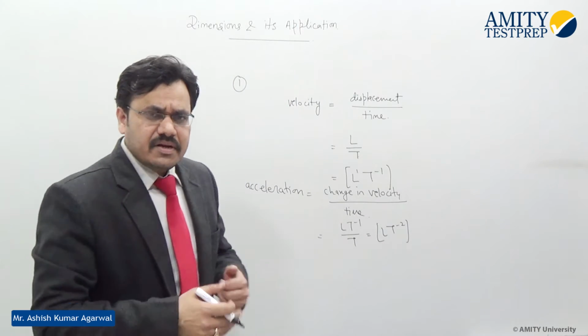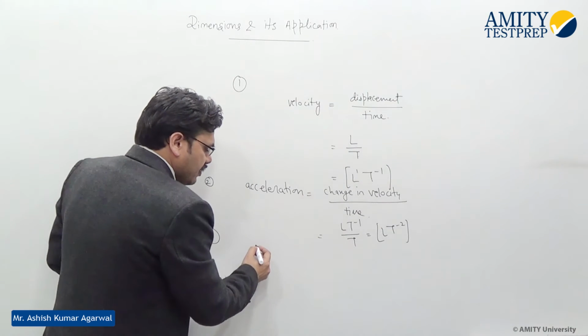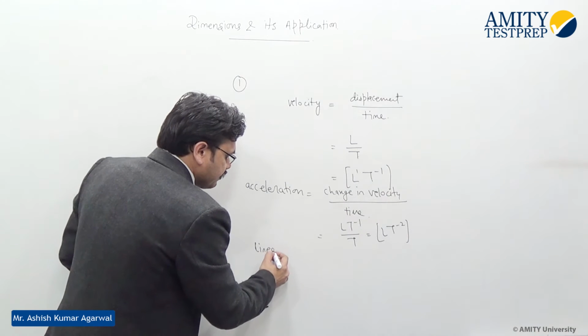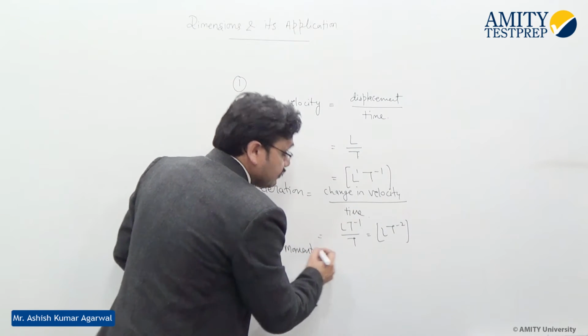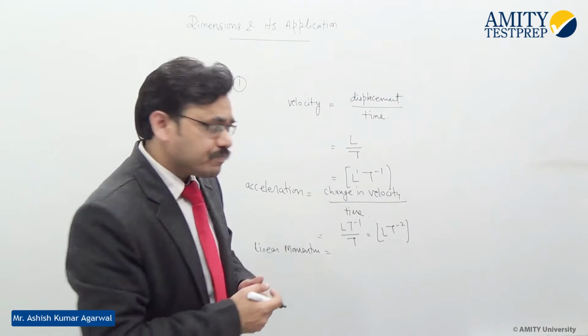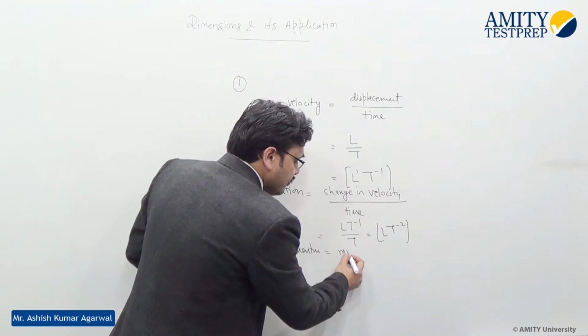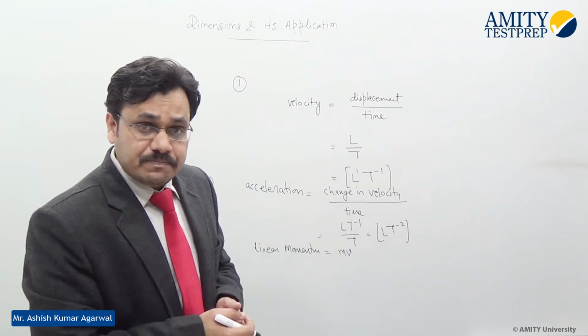Suppose we take another example, linear momentum. Linear momentum is defined as the product of mass and velocity, so I have written here m into v: m for mass and v for velocity.